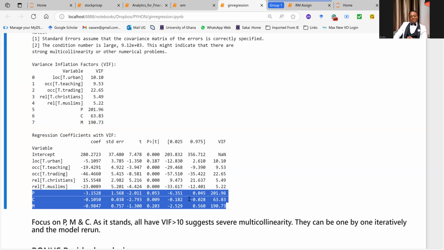Then you bring the P back and remove the M. Then you bring the M back and run and do the same for the C. That is how you see which one is the problem causer. But you can't remove all of them at once, because you have to know whether each one's presence or absence makes a difference. That is how you attack this.